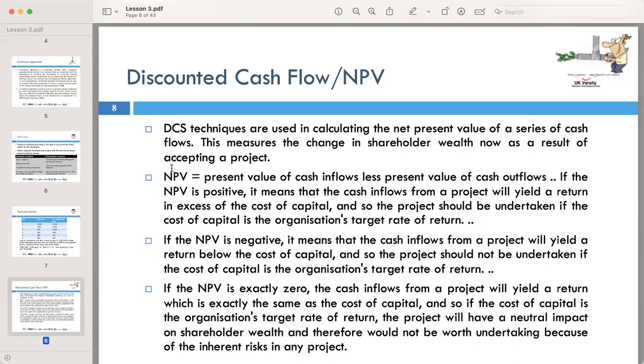A positive net present value indicates that the cash inflows from a project will yield a return in excess of the cost of capital, making the project worth undertaking. Conversely, a negative net present value means the project cash inflows will yield a return below the cost of capital, suggesting the project should not be undertaken.